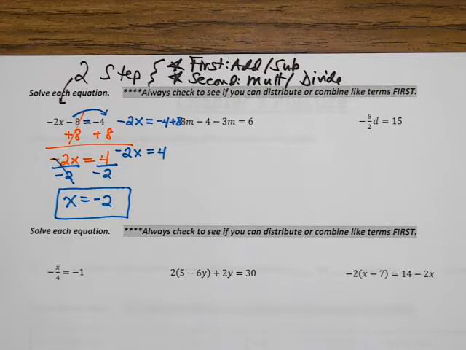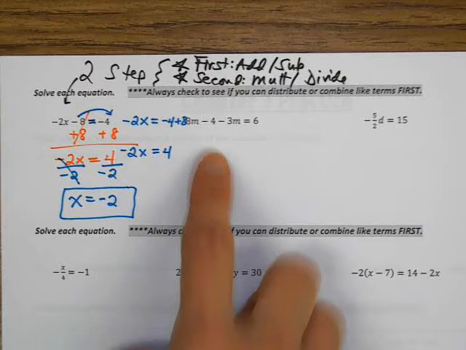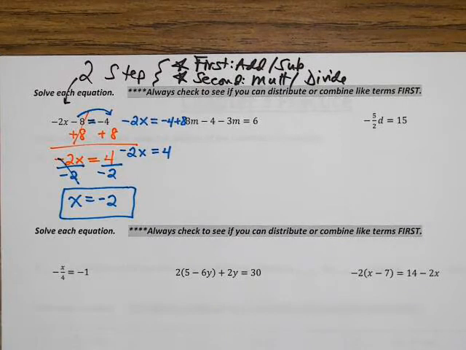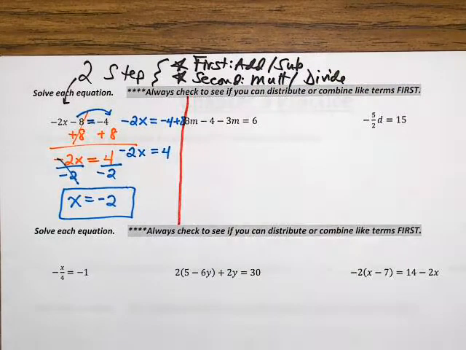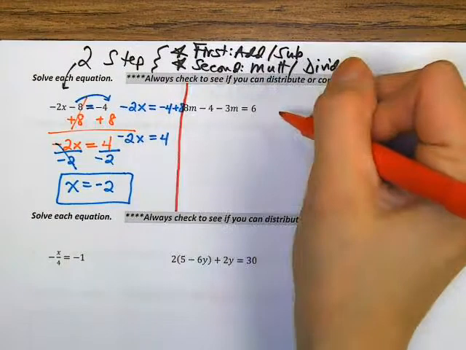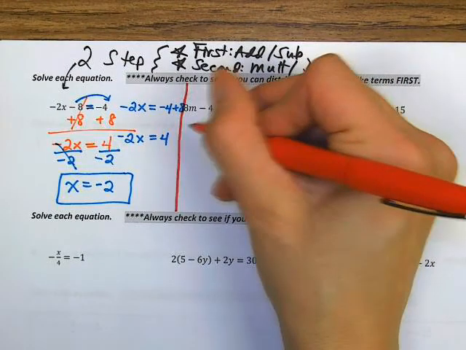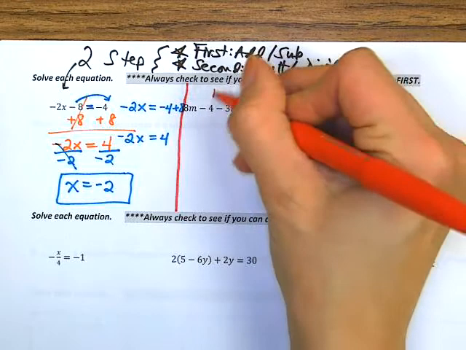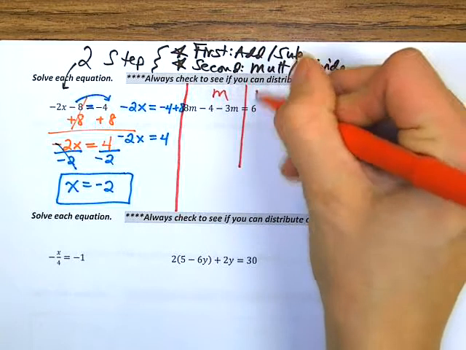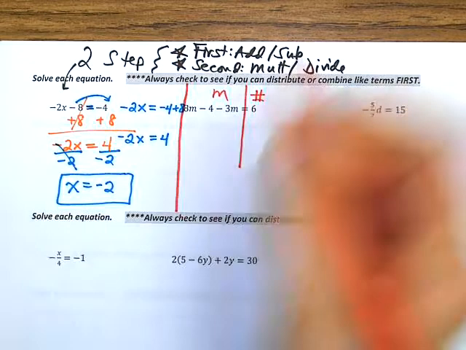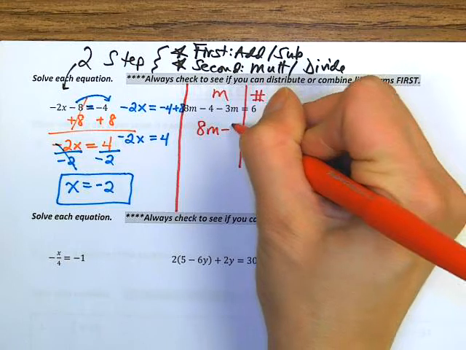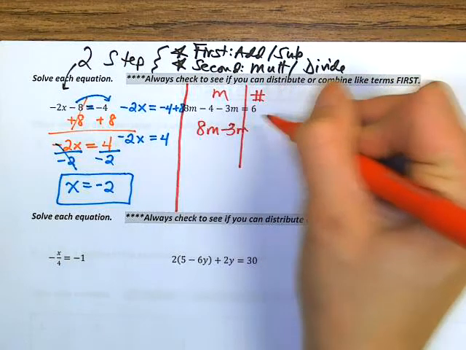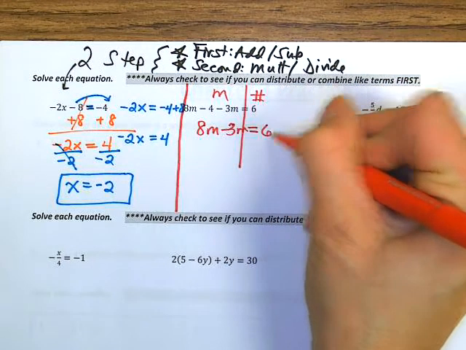Next, we're going to take a look at this equation here that has letters on both sides. So we'll go ahead and solve that one. I'm going to do this the new way. A lot of you like to switch sides, switch signs. All the m's are on the left, so I'm going to have m's on the left, and I'll have numbers on the right. So we have 8m minus 3m. On the right hand side, I've got the 6.